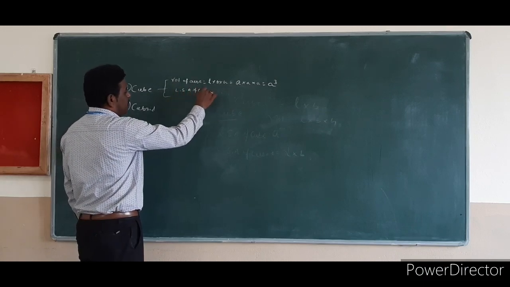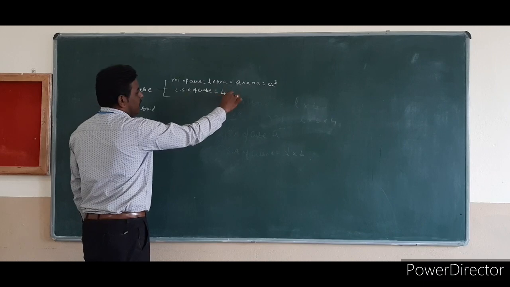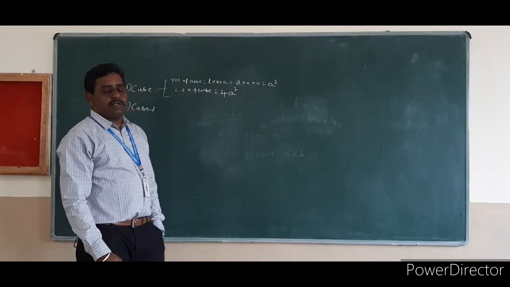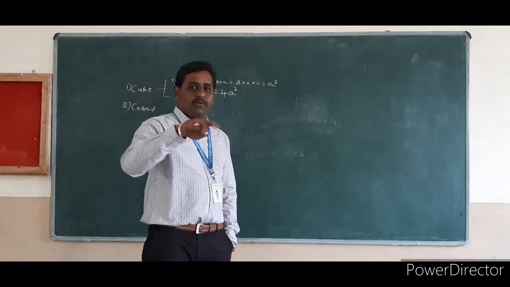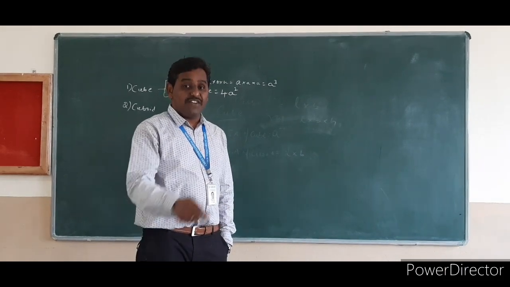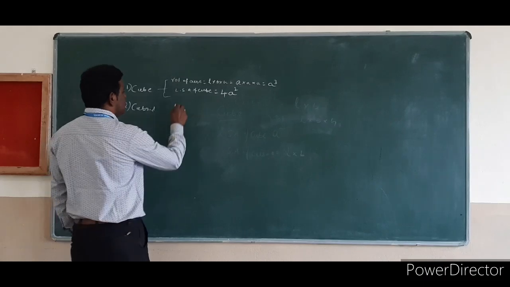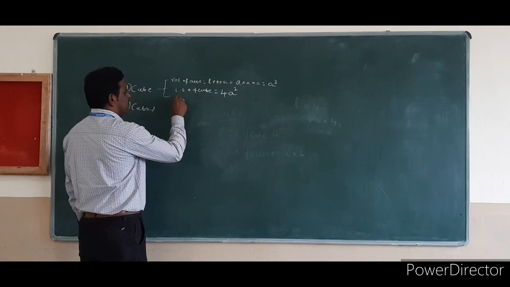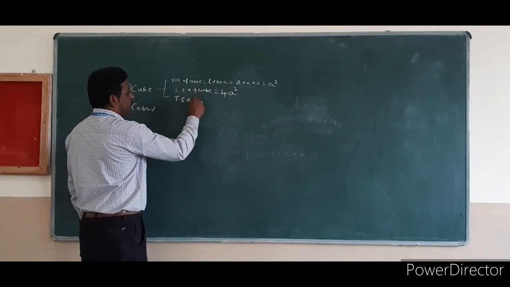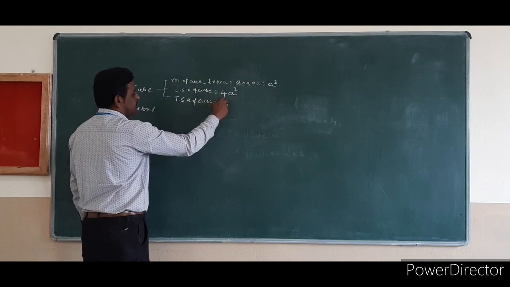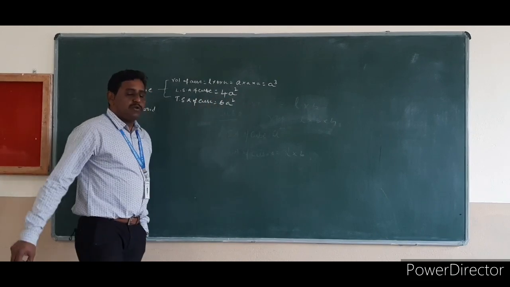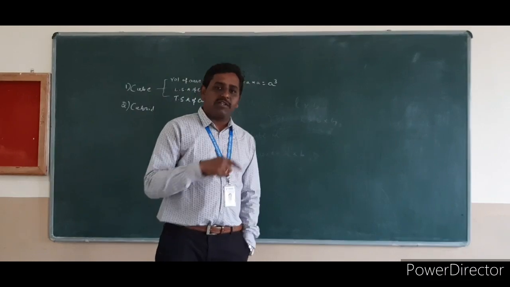Next, the LSA of a cube is 4A square, because lateral surface area means we are considering only the 4 side faces, not the top and bottom. Next, the TSA of a cube is 6A square. Total surface area means we are considering all 6 faces.